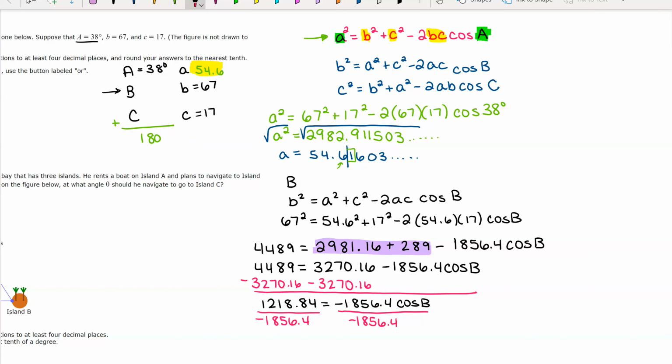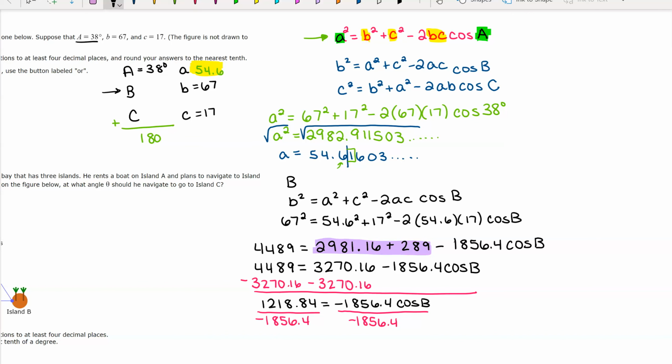So I'm going to do that division, divided by 1856.4, which makes a big long decimal. I'm going to write it out, but I'm not going to take it out of my calculator. I'm going to let it be a big long decimal.